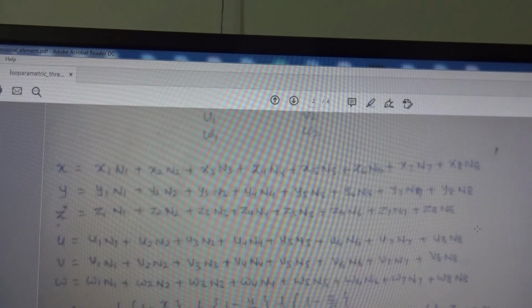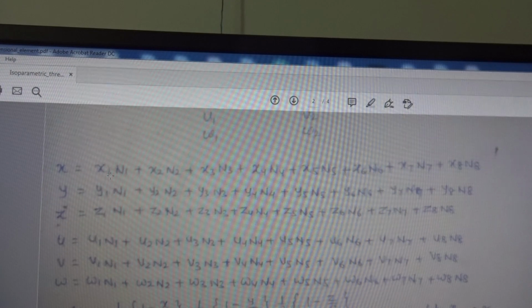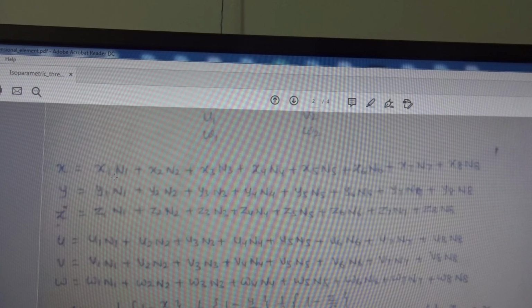So x, what is x? x you can represent in terms of the nodal shape functions: x1 n1, x2 n2, x3 n3, plus x4 n4, x5 n5, x6 n6, x7 n7, x8 n8.